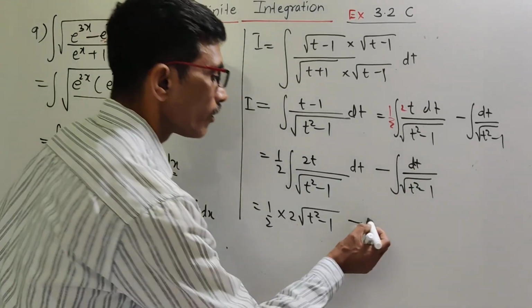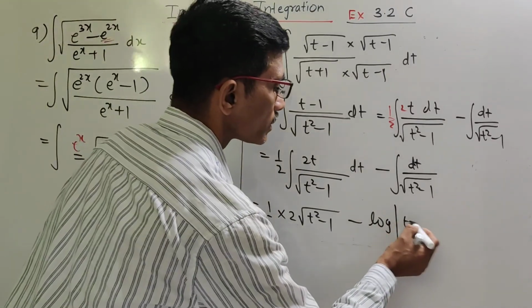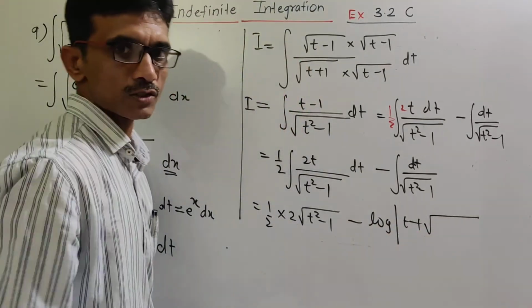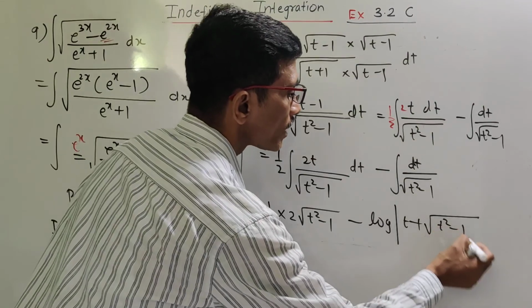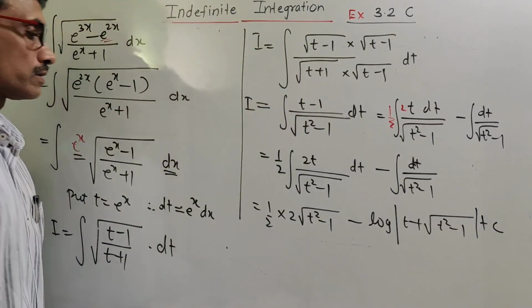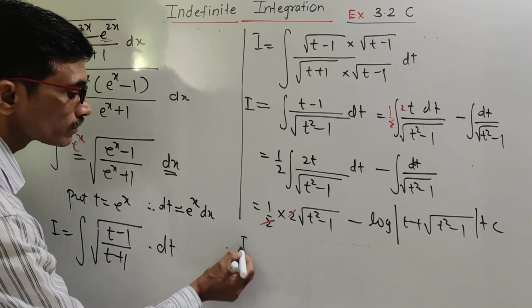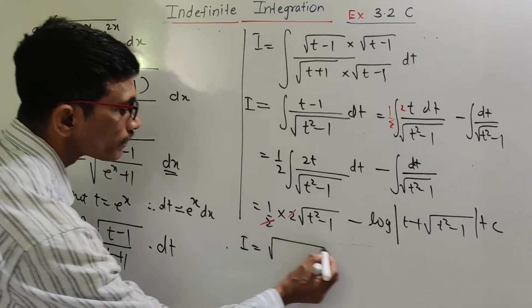It is log of x plus root of x square minus a square, that is t plus root of t square minus 1, plus c. This 2 is getting cancelled, so that our integral I is equal to root of t square minus 1.